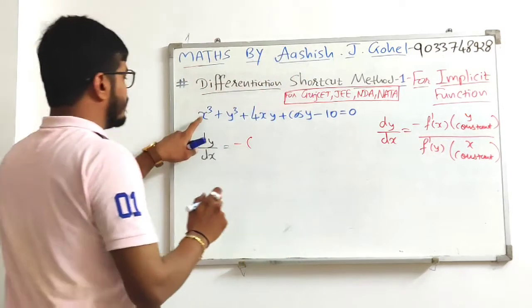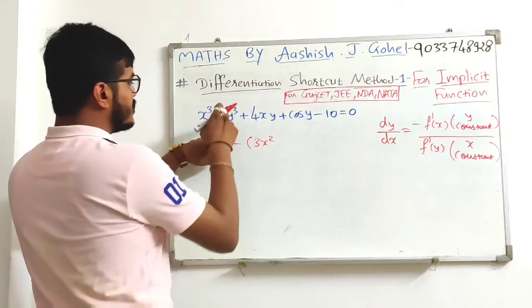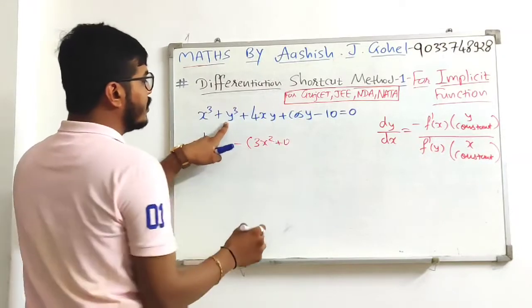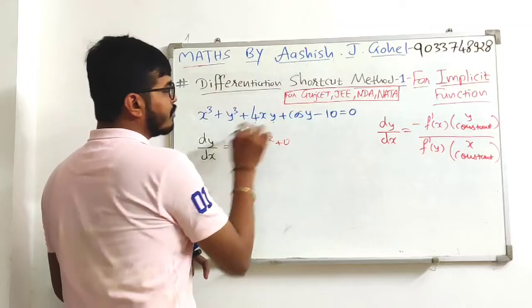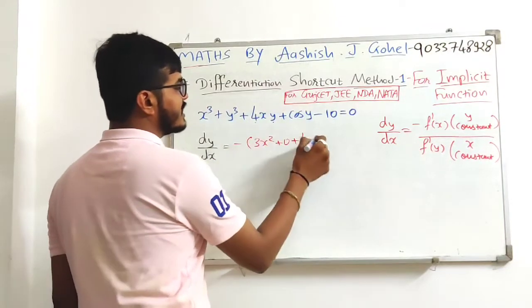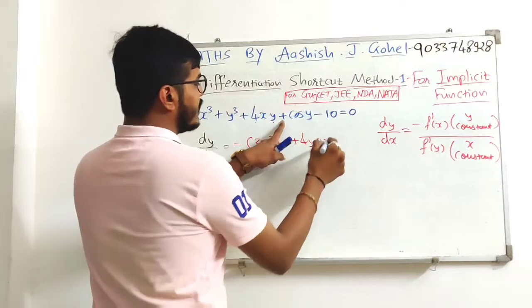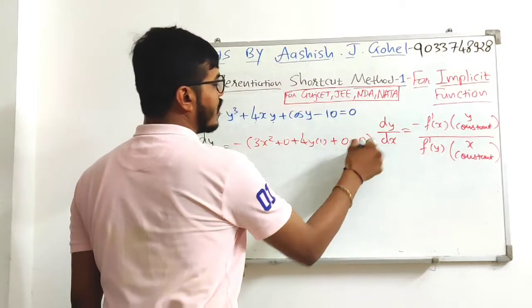So minus, x cube gives 3x square, y is constant so differentiation of y cube will be 0. Here 4 and y both are constant, so we will keep 4y as it is. Differentiation of x is 1. Here cos y is a constant term and of course tan is constant.